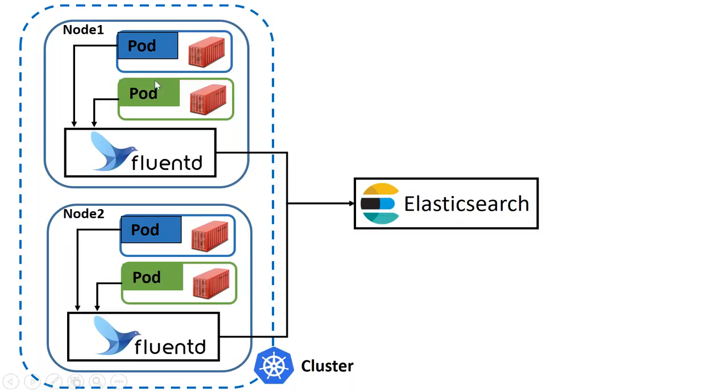Then if a pod goes down and a new pod comes, that will also be stored. So FluentD's responsibility is to collect all the information from the logs of the pod and keep passing it to Elasticsearch.